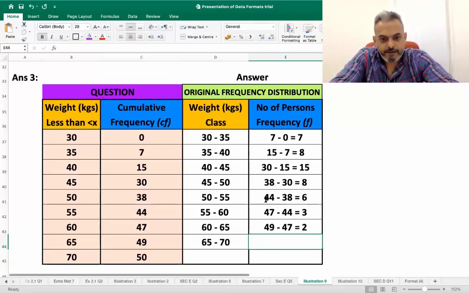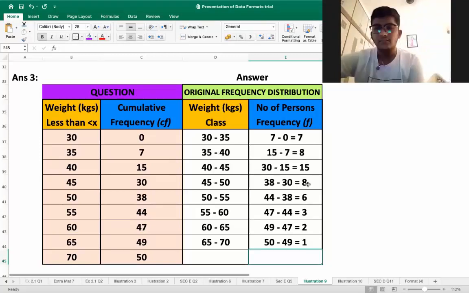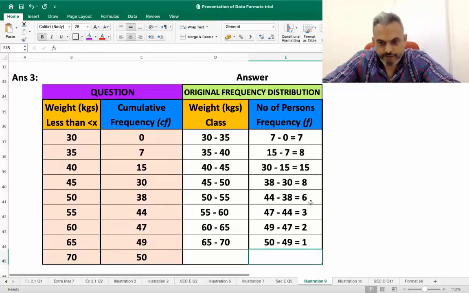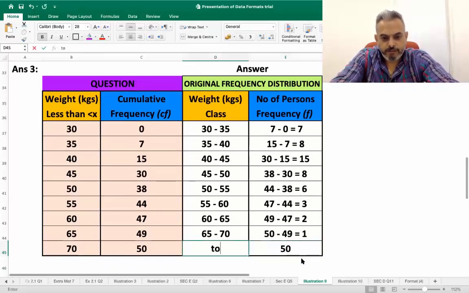And 50 minus 49, which is equal to 1. Now let's check the total. 7, 8, 15, 38, and 6, 44, and 6, 50. So the total is 50.